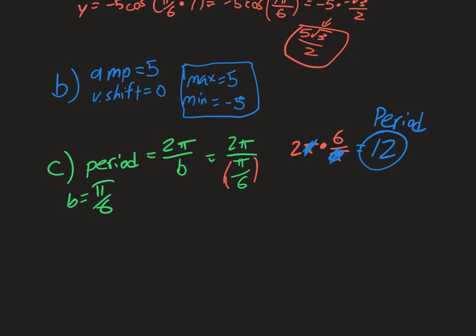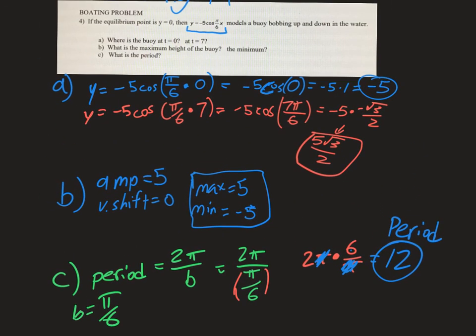And part C said to calculate the period. We've done this a million times by this point. We just take the b value, plug it in, and solve it, and we got our period. This is a great example of how these problems don't necessarily have to be super complicated. There are a lot of easy pieces to this as well. We didn't even have to make a graph for this. We were able to just rely on the equation, and we could even solve it by hand.